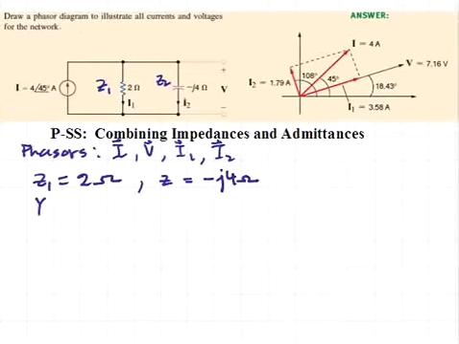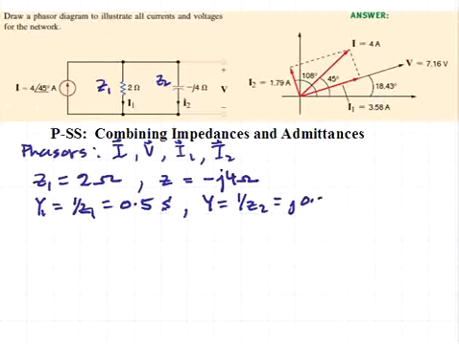So Y1 will equal 1 over Z1, and this will be 0.5 Siemens, or the units for the admittance. Y2 is equal to the reciprocal of Z2, and that is equal to J 0.25 Siemens.